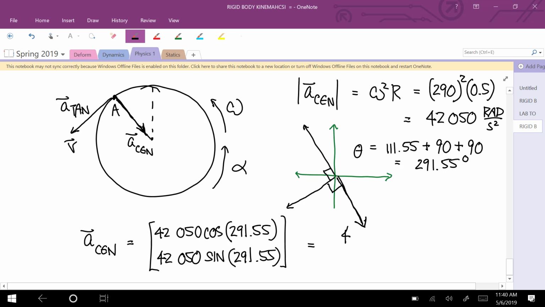Both components should be smaller than 42,050. 15,445. Okay. And then the y component. Okay. And that's the centripetal acceleration.